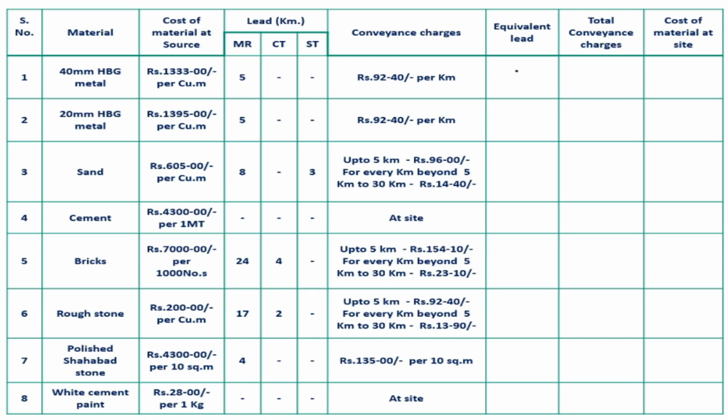Calculate the equivalent lead. These are the actual distances from source to site. Here MR is metal road, CT is cart track, ST is sandy track. So it is taken on a metal road, and this equivalent lead is as it is, 5 kilometers.